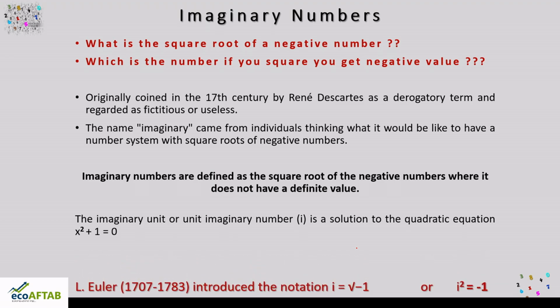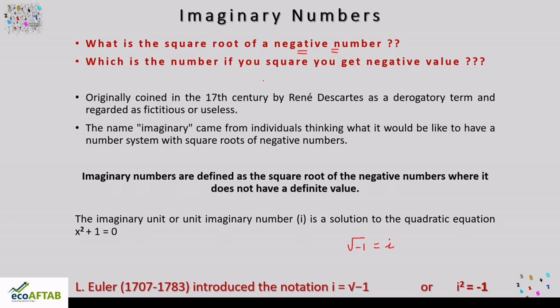L. Euler, 1707 to 1783, introduced the notation that i is equal to the square root of minus 1, or you can say i square is equal to minus 1. So friends, the first question: what is the square root of a negative number? The square root of a negative number is i.